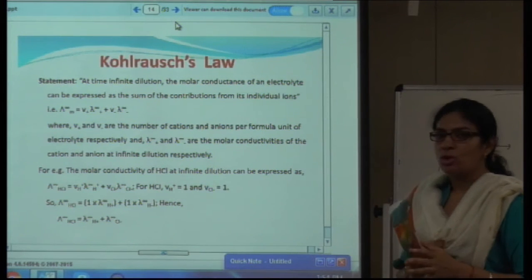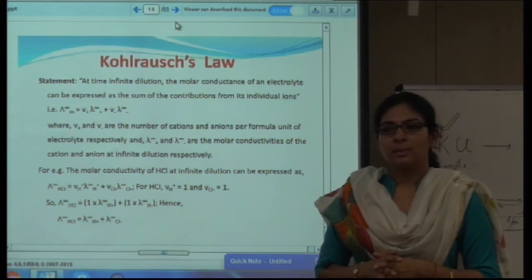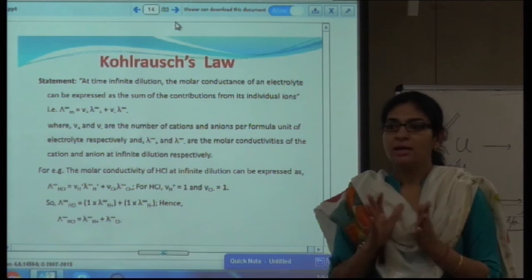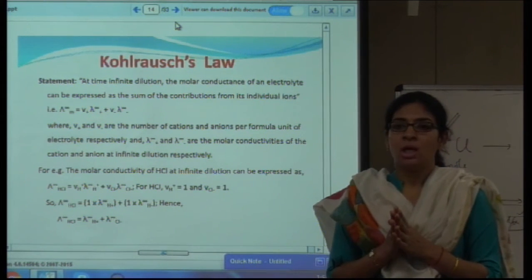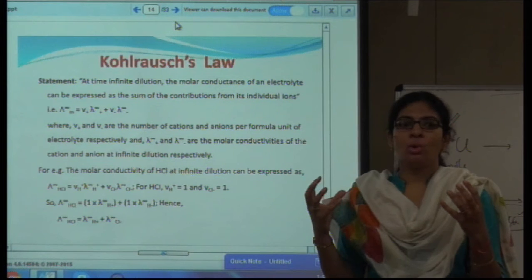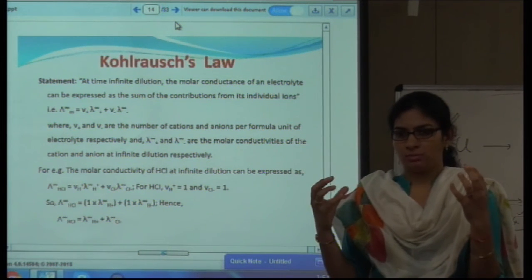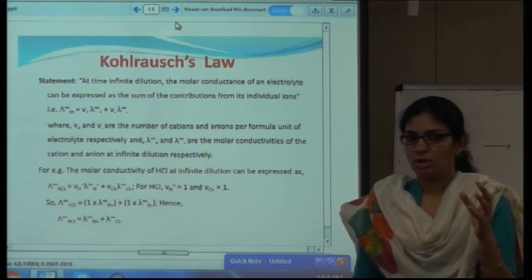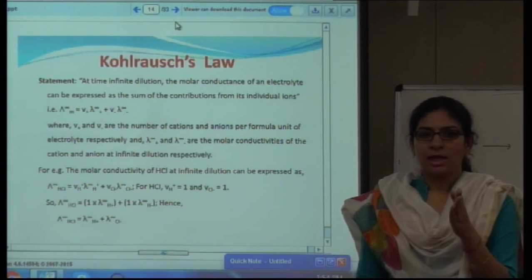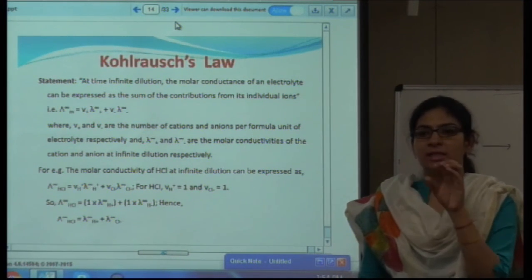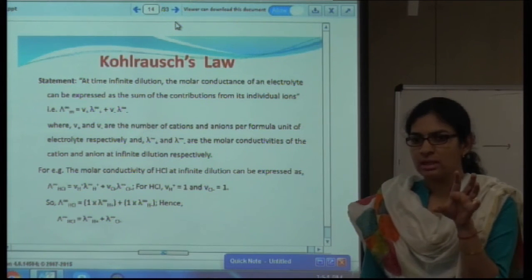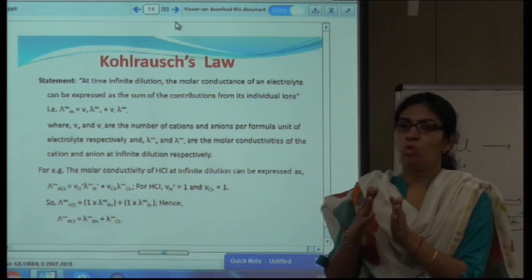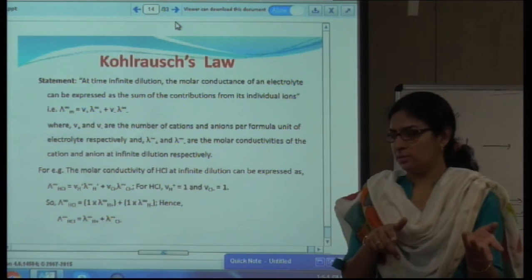This law says that at infinite dilution, when there are no interionic forces, each ion moves independently of the other.